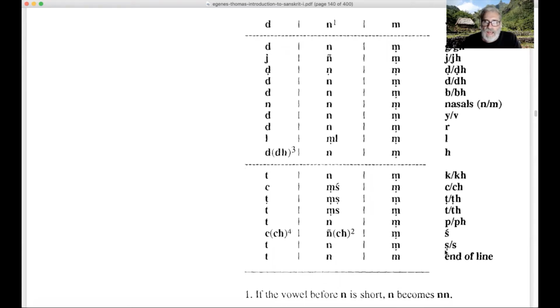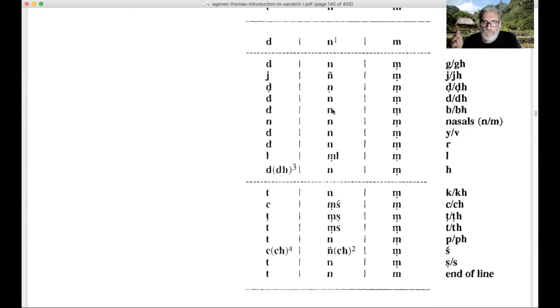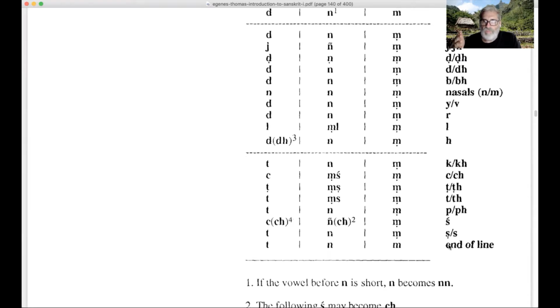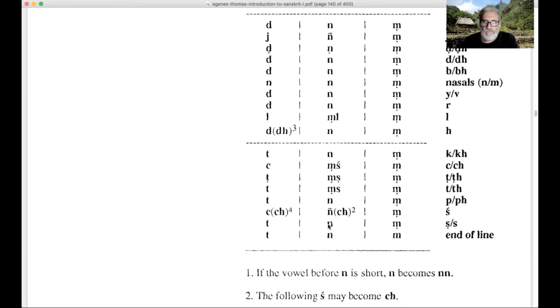So what happens is, if we have a regular dental N at the end of the first word, but it's followed at the beginning of the next word by a palatal S, an S with an acute accent, then the N changes to that N with the tilde over the top.